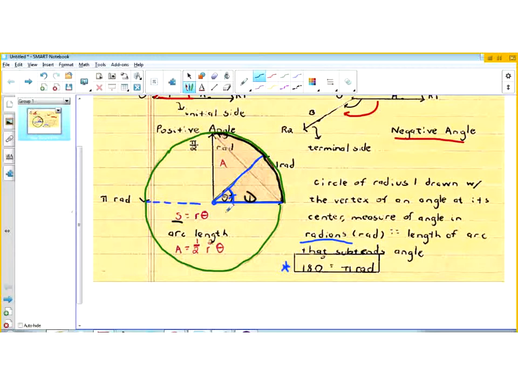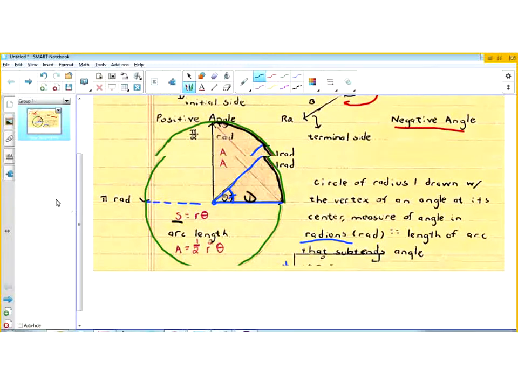So if this were a unit circle and theta were pi/6 radians, or 30 degrees, then the arc length would be pi/6 radians. Or if the unit circle were measured in inches, then the arc length would be pi/6 inches. So if you know the unit, you can replace radians with that unit, whether it's inches, centimeters, meters, and so forth.